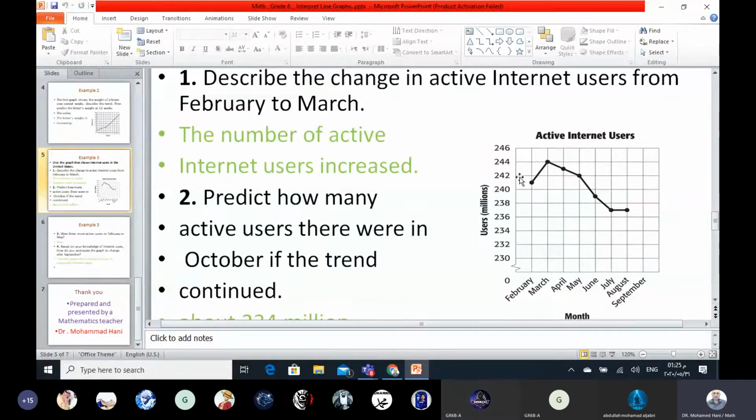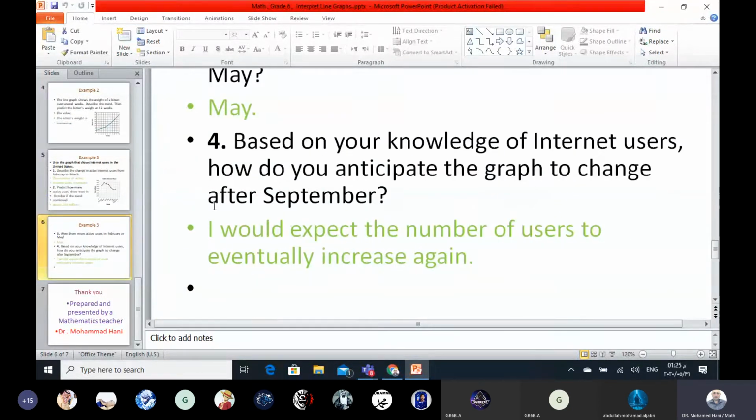The fourth question here: based on your knowledge of internet users, how do you anticipate the graph to change after September? This question is from your opinion, from your experience. Here, the question says, if the graph continues, does it increase or decrease?